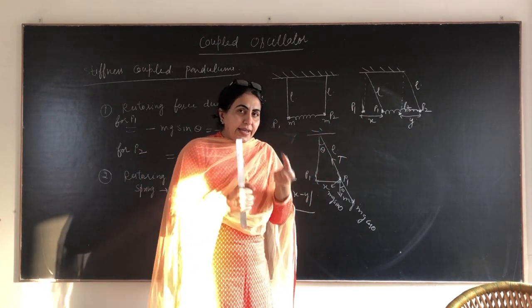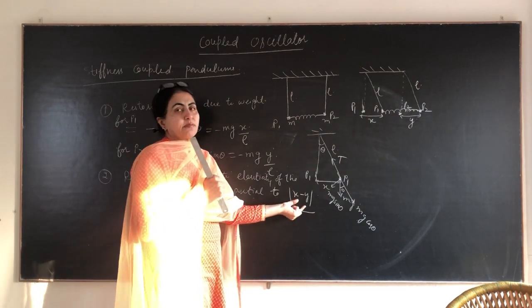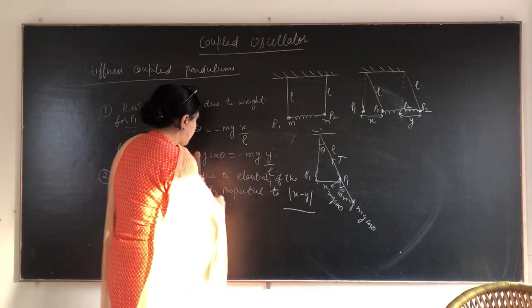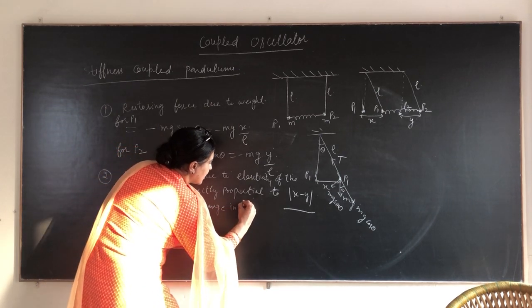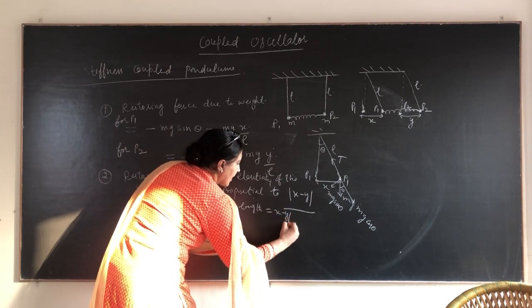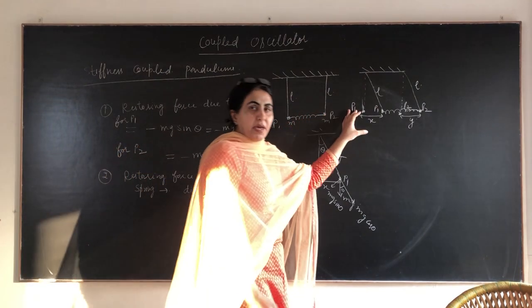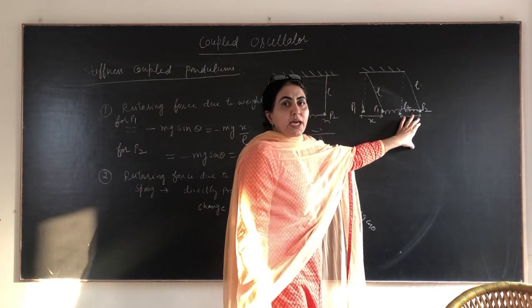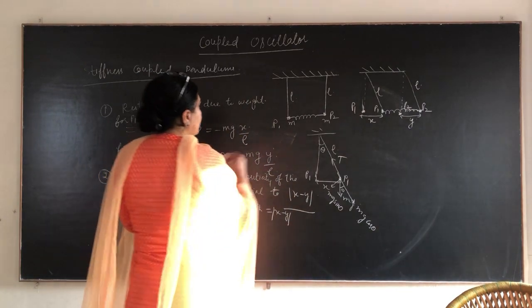So the total net change in length will be x minus y mod. Now what will be the change in length for pendulum P1 and for pendulum P2? That we have to write.